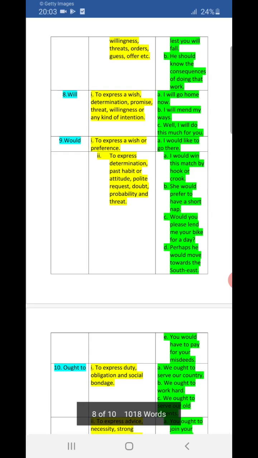Example number A. I would win this match by hook or crook. So it's our determination.